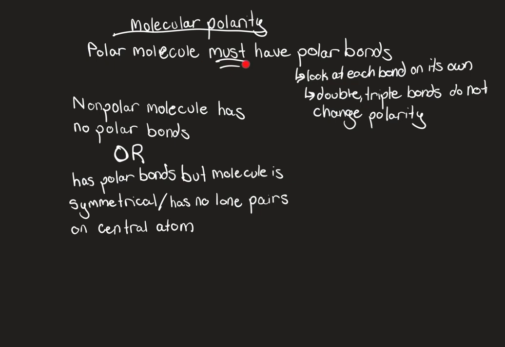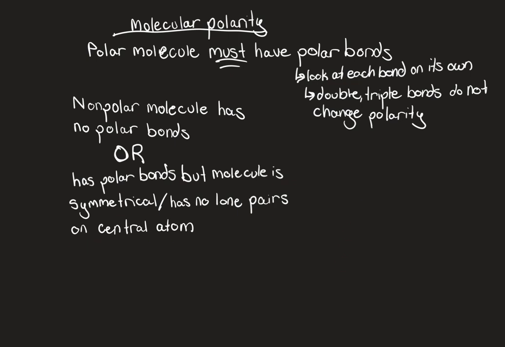But big thing, if we have a polar molecule, that means polar bonds are present somewhere within the molecule. If you have a non-polar molecule, it means you have no polar bonds, or you have polar bonds, but the molecule is symmetrical and has no lone pairs on the central atom.